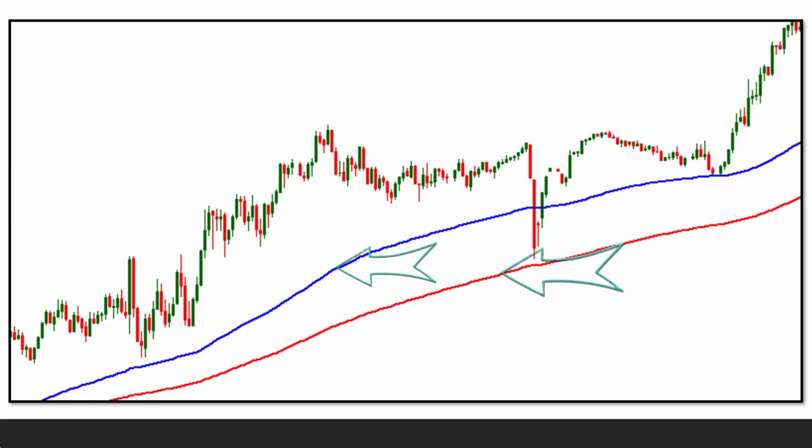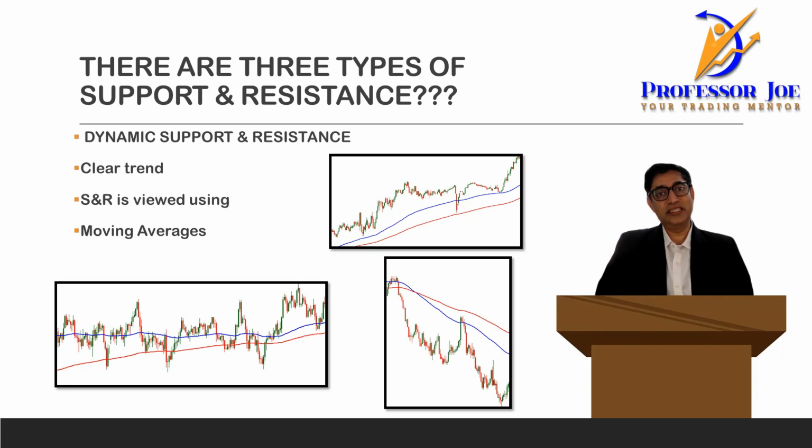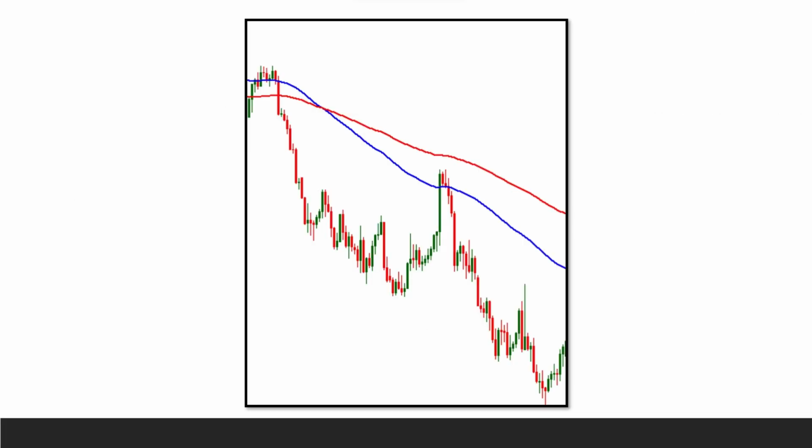In an uptrend, the 100 MA has to be above the 200 MA. When the price goes above the 100 MA and then comes back into the zone between the 100 MA and the 200 MA, it is called a dynamic support and resistance uptrend zone. Now, like you can see in this second chart, it is a downtrend. You can see the blue line is the 100 MA.